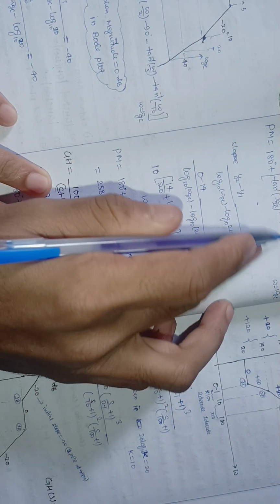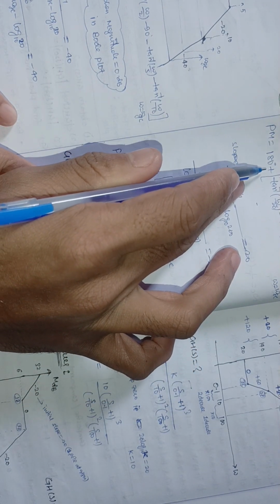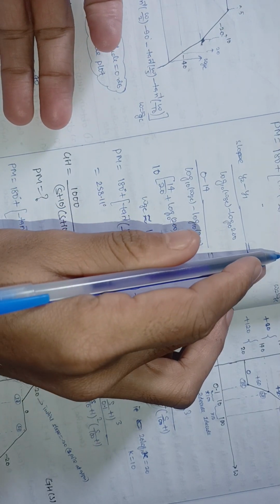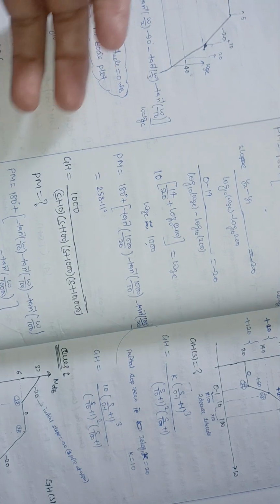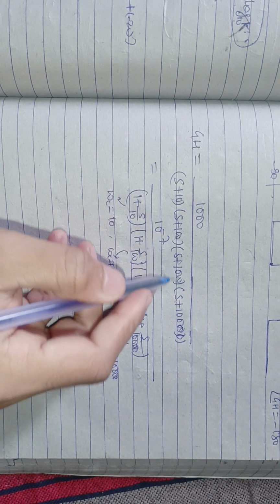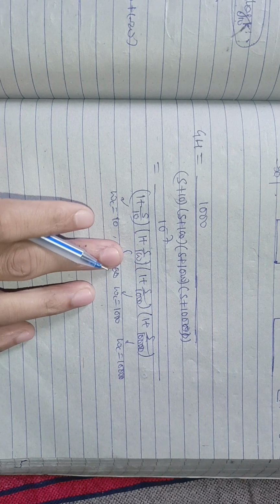If we put omega gc in this formula, phase margin equals 180 plus angle, so we find the phase margin. Now let's move to another question. If the question is given like 100 divided by s plus 10 divided by s plus something, first we have to find it in the time constant form.